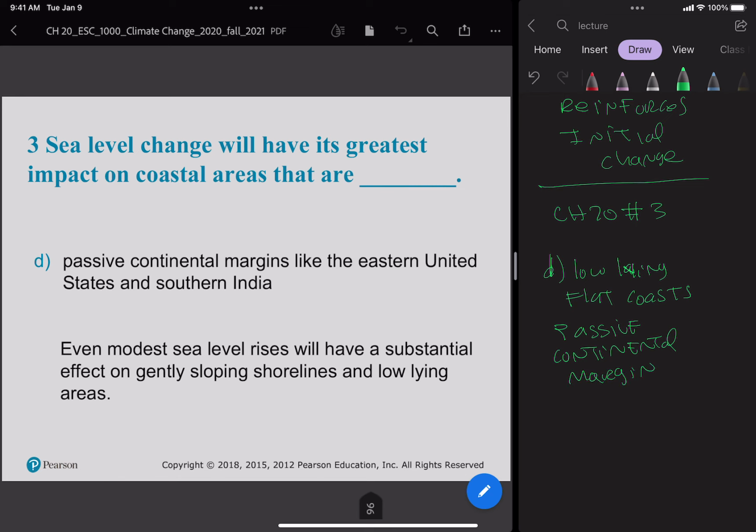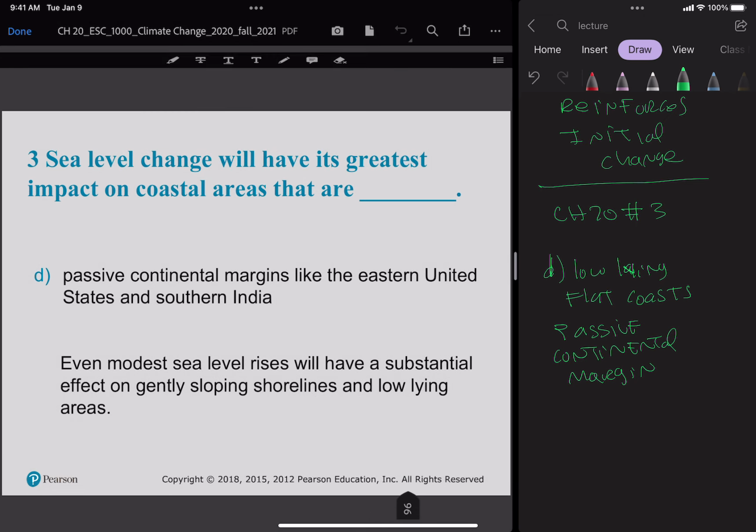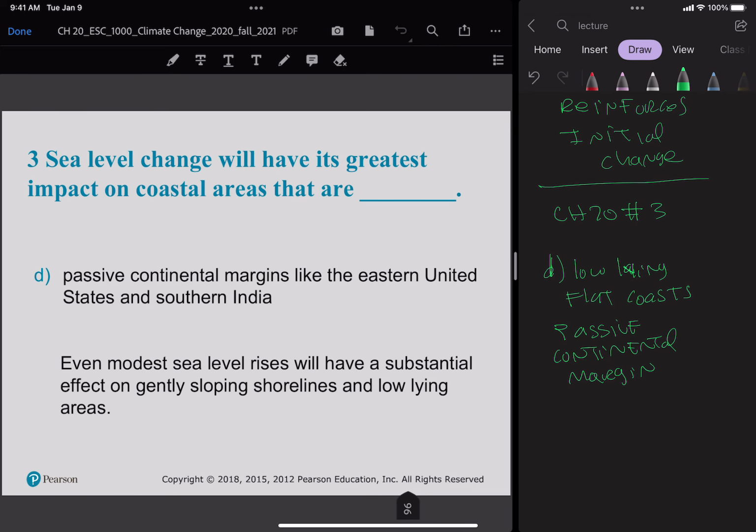That's going to be in places like the eastern U.S. and also southern India. So these are regions where you have low-lying flat areas.